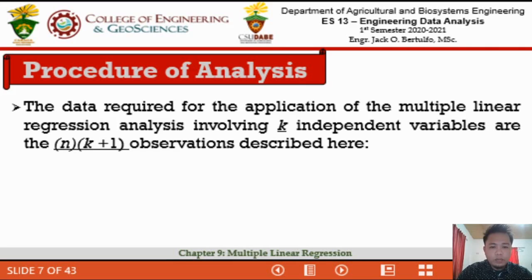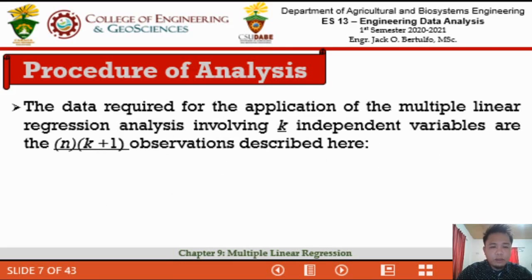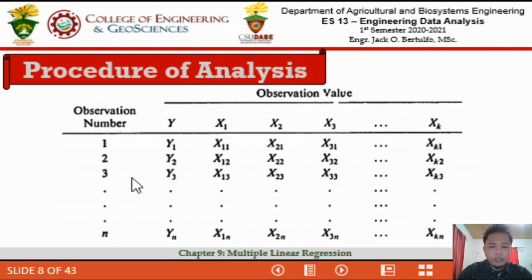So this is the total data that you need to acquire in solving. Okay, so I made a procedural analysis here. But before anything else, this is the highlight of this equation, the n multiplied by k plus 1. This is the total observations that you need to have in order to solve for the regression model.